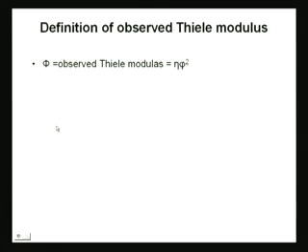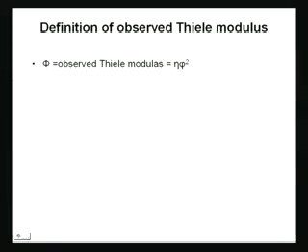So, now we come up with the expression for the observed Thiele modulus. If you remember, the Thiele modulus involves the reaction time scale and the diffusion time scale. If the Thiele modulus is much larger than 1, it means reaction is much faster than diffusion, and if it is much smaller than 1, it means reaction is much slower than diffusion.